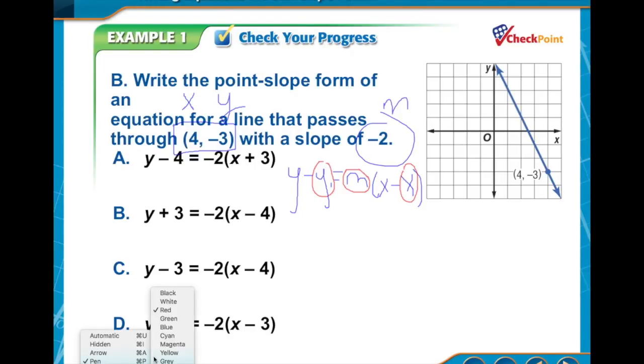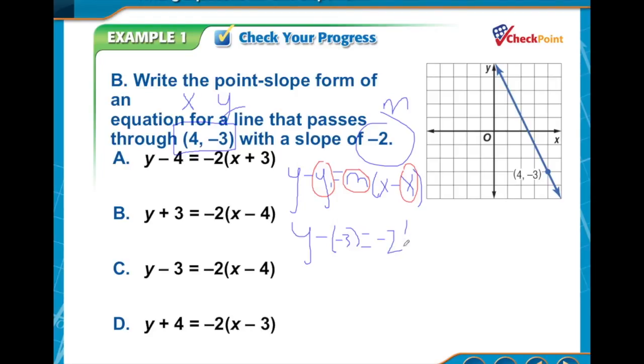So with a simple replacement, we should get y minus -3 equal to -2 times the quantity, leave the x right here, minus what is x1? It's going to be 4. Now we want to leave it in this form, but we will simplify any double negatives that we have.